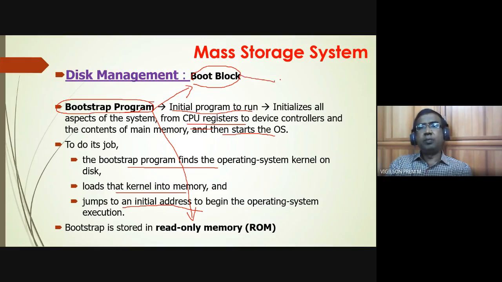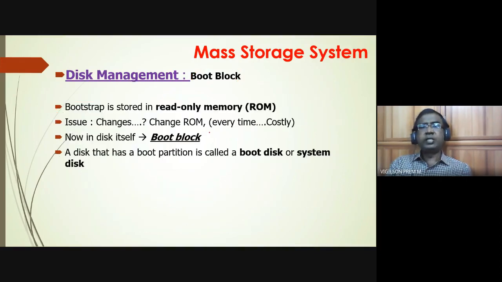That boot block is available on our hard disk, simply said, secondary storage. If your disk has a boot block, then it is referred to as a boot disk or system disk.